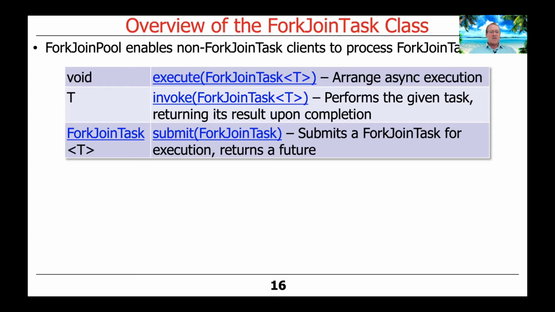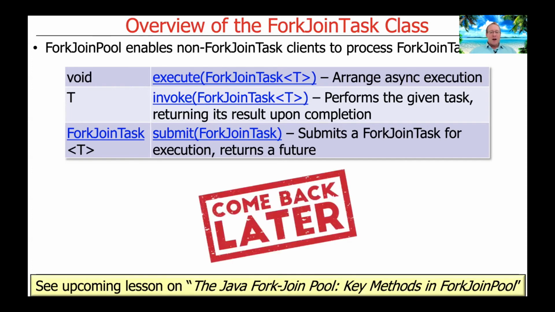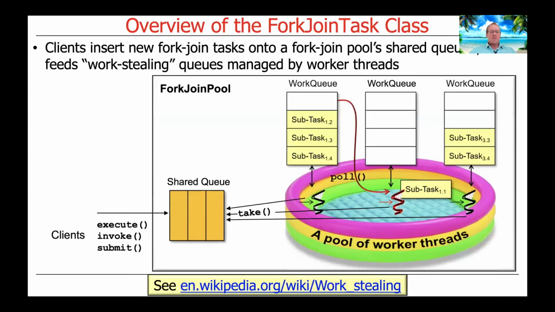And the way it does that is it defines 3 publicly facing API methods, execute, invoke, and submit, that allow non-ForkJoinTask clients, like just regular good old Java code, to hand a ForkJoin task, or an initial ForkJoin task, off to the ForkJoinPool to be executed in the context of the pool. And we'll come back and talk about these 3 methods, execute, invoke, and submit, later. And you'll get a chance to play around with some of these methods when you do your programming assignment.